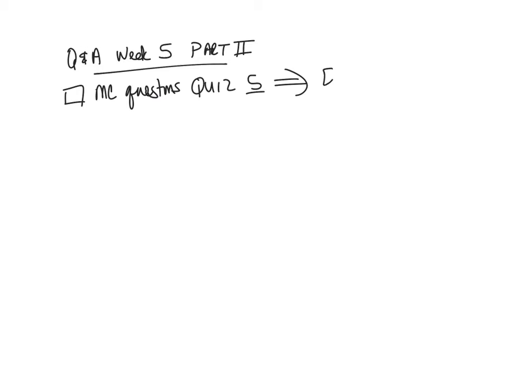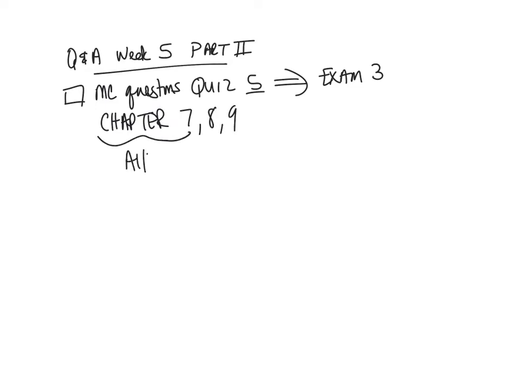Exam 3 is going to cover pretty much chapters 7, 8, and 9. Chapter 7 really talks about alkenes and the stability of alkenes and the properties of alkenes, and then elimination reactions, and you have an E1 and an E2.